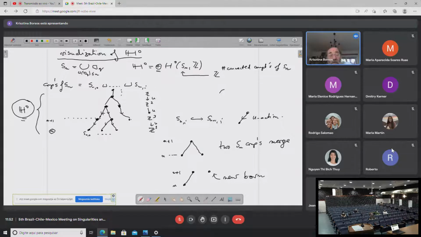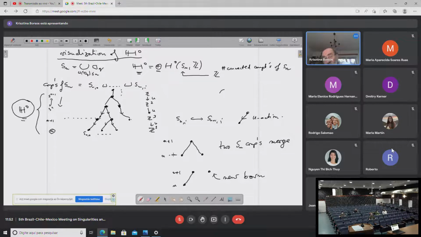And these are the restrictions induced by the inclusion of Sn. Sn is included in Sn plus 1, and the cohomology gives a restriction, which is the arrow. So we have a graded graph, which I call a graded root. It's a good visualization of H0 of the cohomologies.